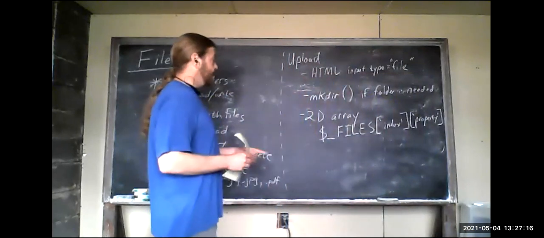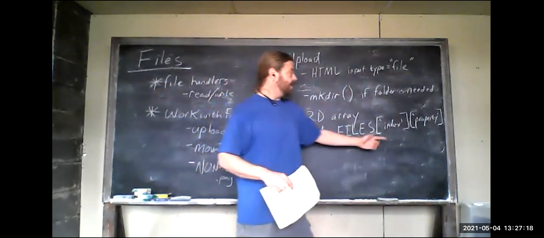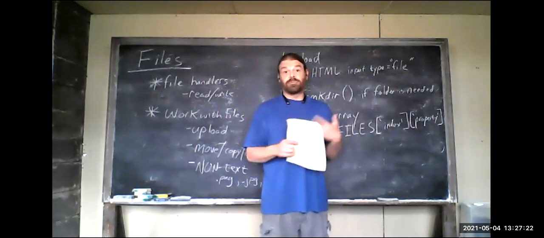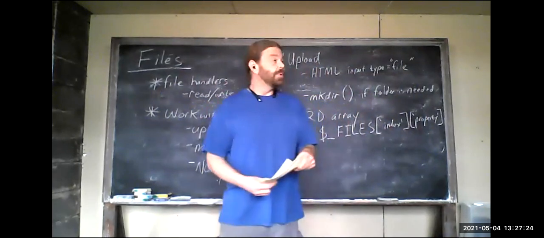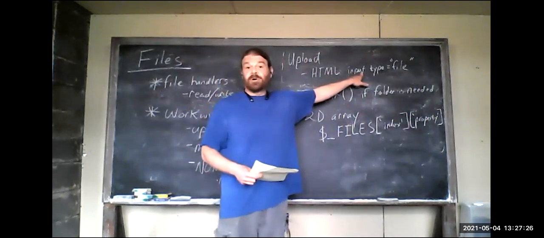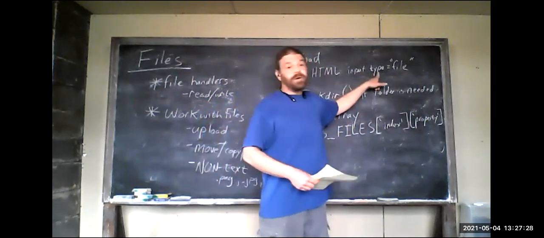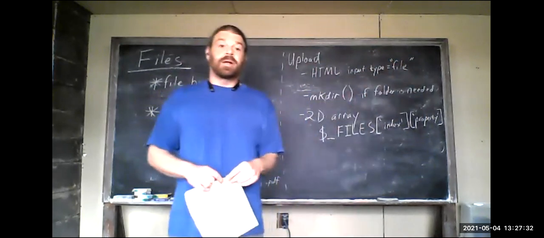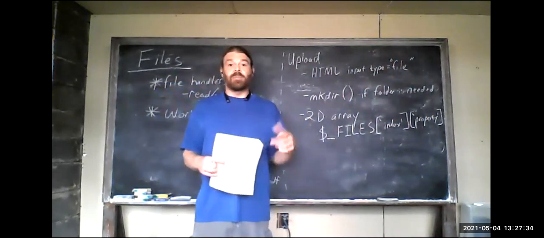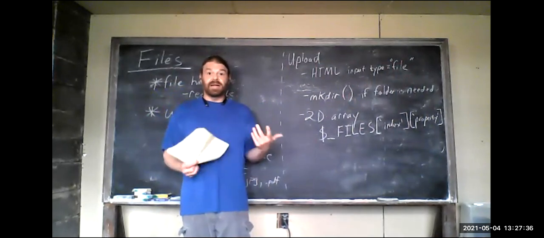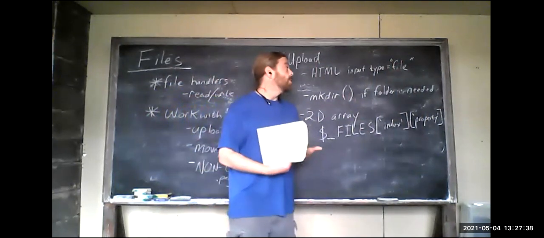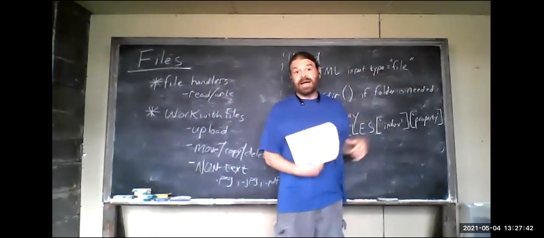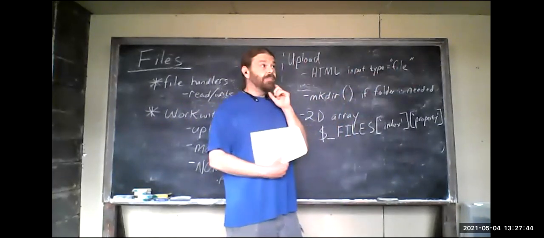Here we have 2D arrays, so we're not getting a simple result from that input, right? Everything we've seen so far, we put input type equals text, and we get a string back, or input type equals number, and we get an integer or a floating point number, or input type equals color, and we get a hex color.